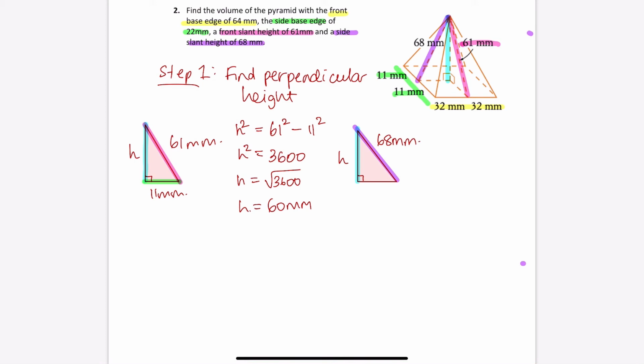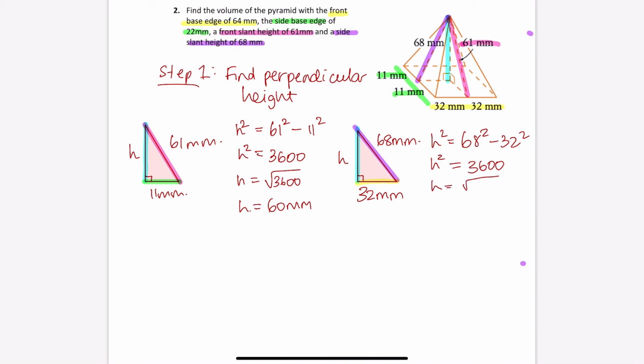And then our bottom part is actually parallel to the front length. So this bottom part is going to be yellow. It's going to be the 32 millimeters. Okay, so if I do exactly the same thing, I do h squared equals 68 squared minus 32 squared, you'll find that when you put it into the calculator, you get 3600 as well, okay?